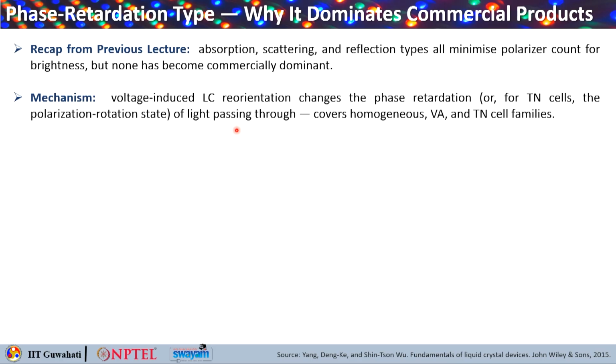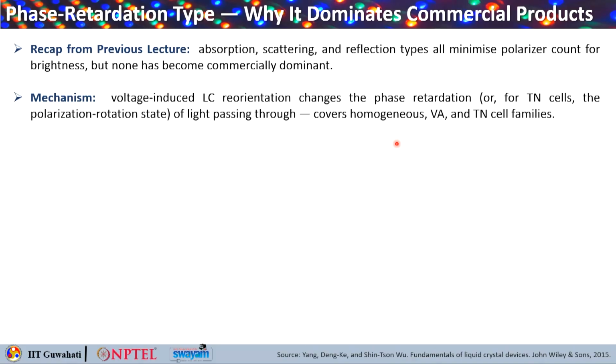So which changes either the phase retardation the liquid crystal imparts on the light that is passing through it, as in homogeneous or the vertical alignment cells, or you can also see some kind of polarization rotation behavior of a twisted structure, as you can see in the twisted nematic cells.